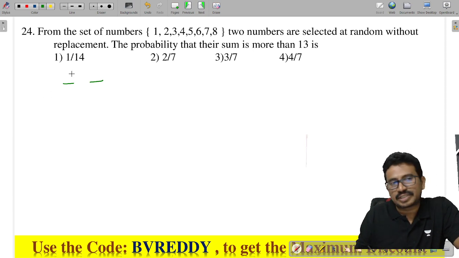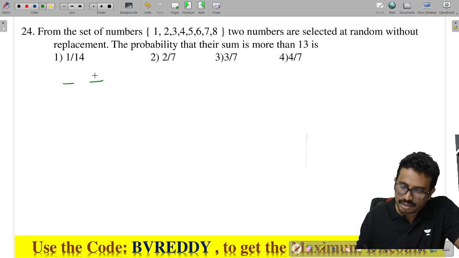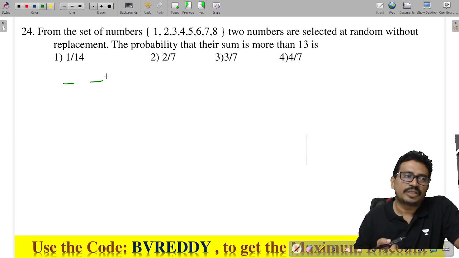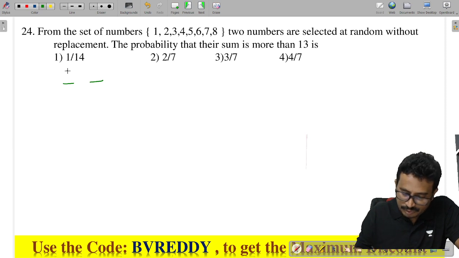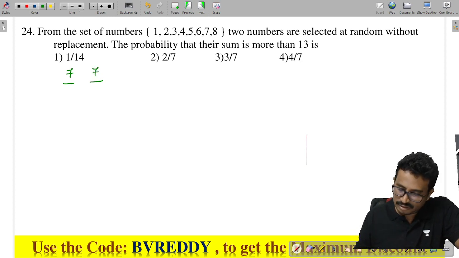If it is 6 and 6, that is 12, but more than 13 means not equal to 13 also. More than 13 means what? 14, 15, possible? Yes, like that. If we have taken 7 comma 7, it is 14.